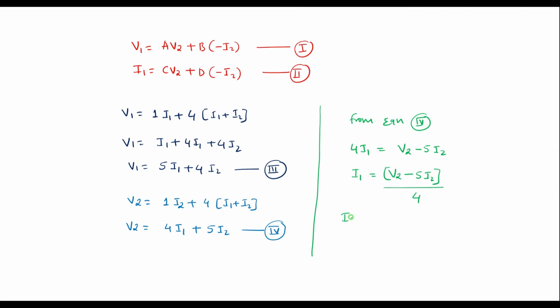Or I can write it as I1 is equal to V2 by 4 minus 5 by 4 I2. Let me call it equation 5.